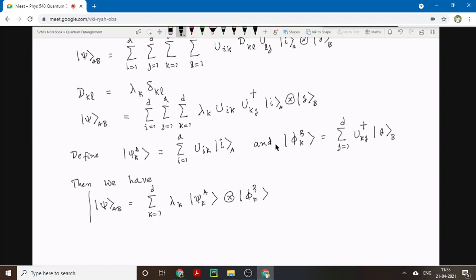So this is the Schmidt decomposition. This is the Schmidt form. This is equation 2.